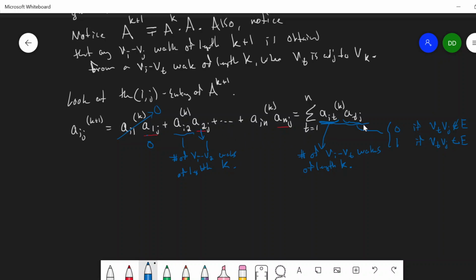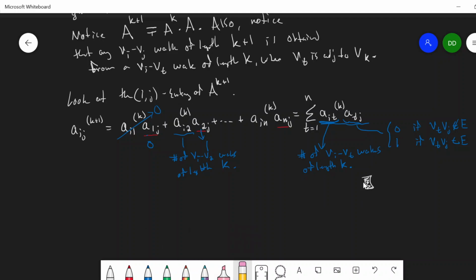I'm counting the number of vi, vj walks of length k plus 1 by multiplying A to the k times A. But this is what's going on. It comes down to matrix multiplication and how to obtain walks of length k plus 1.